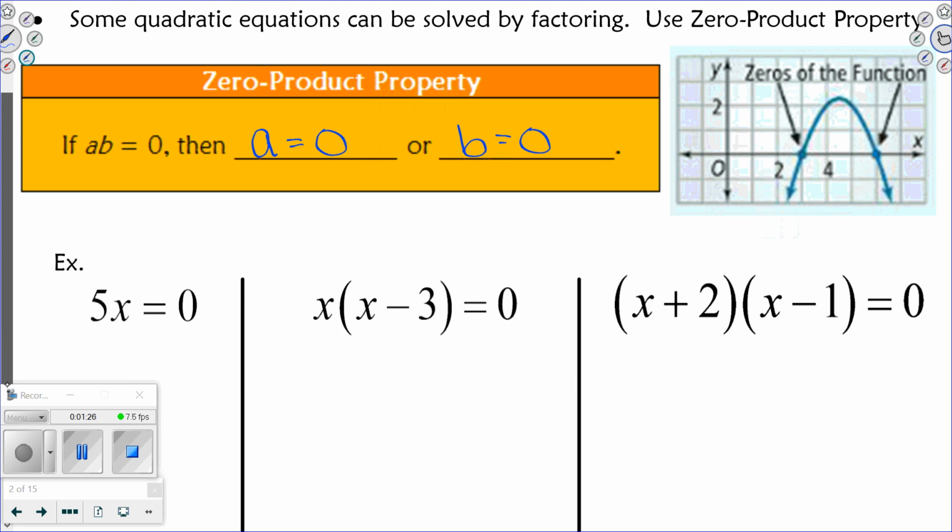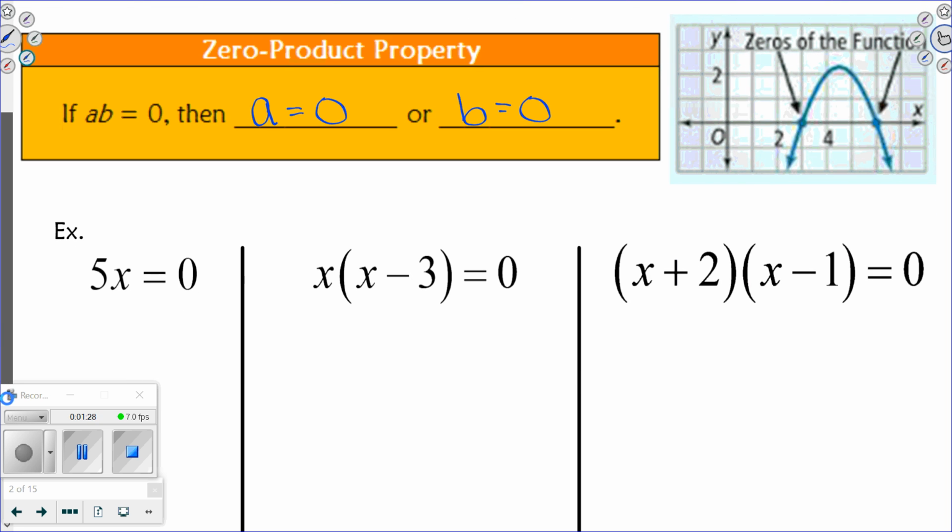Along those lines, if I have 5 times x equals 0, what must x be? x must be 0. What about here? If x times (x minus 3) is 0, what do I know about either one of those? Either x equals 0 or x minus 3 equals 0.